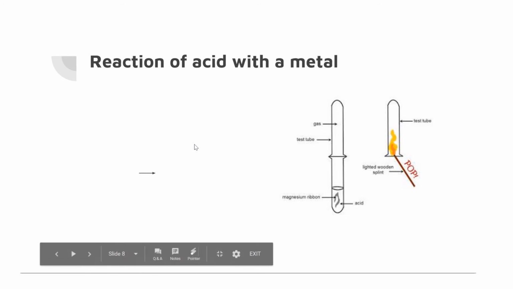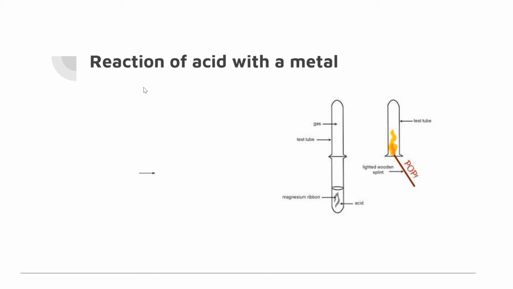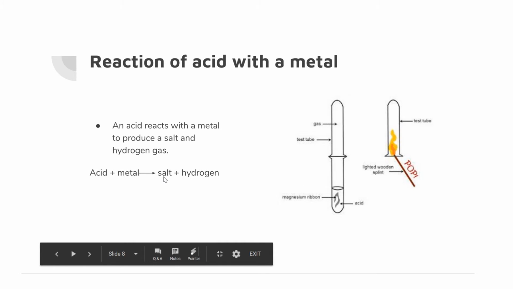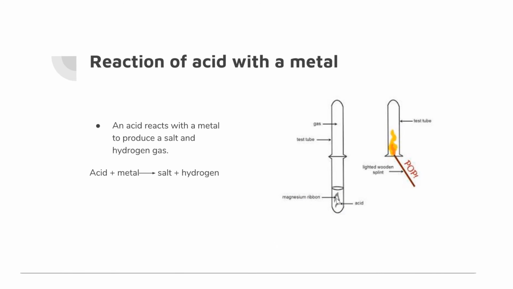So we've reached the second last type of reaction. This one is a reaction of an acid with a metal. Acid reacts with the metal to produce salt and hydrogen gas. In my diagram, in a test tube, there's an acid with magnesium in the acid.